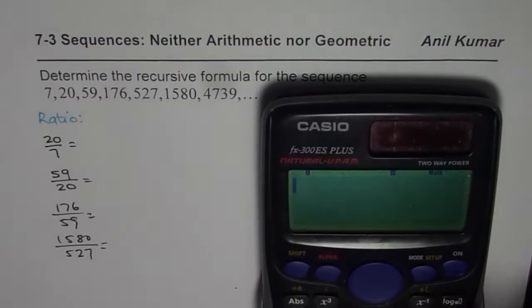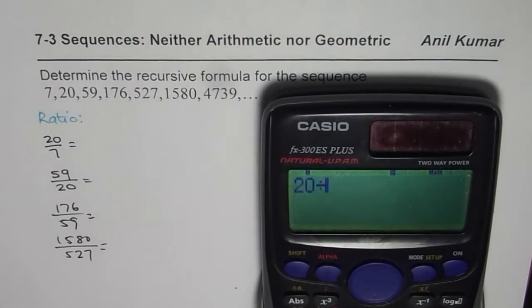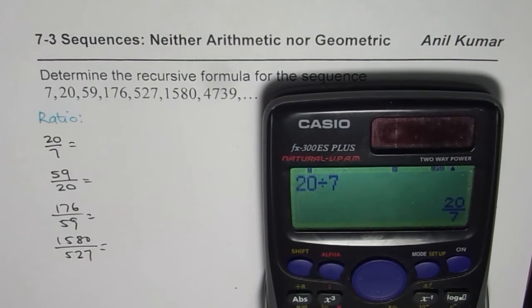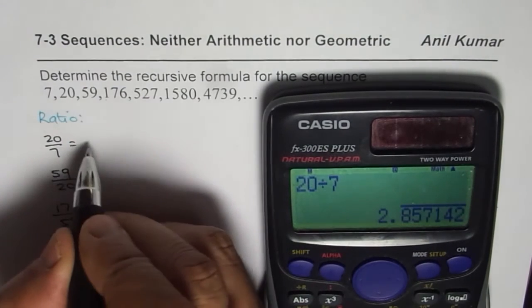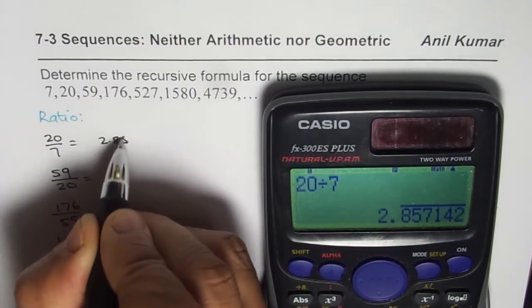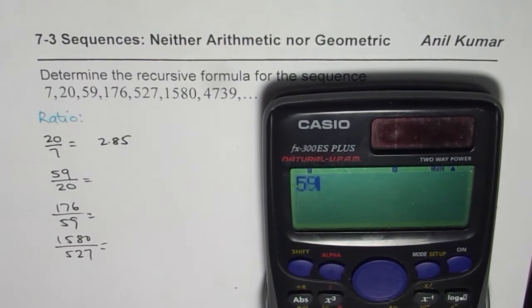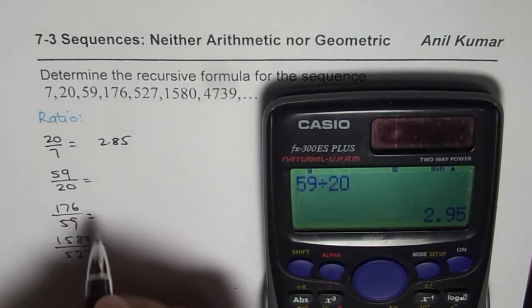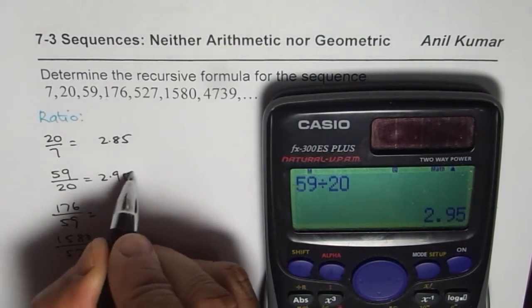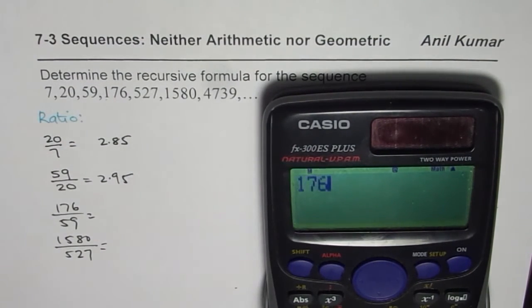What is 20 divided by 7? In decimals, it is 2.85. 59 divided by 20 in decimal is 2.95. Then 176 divided by 59 in decimals is 2.98.